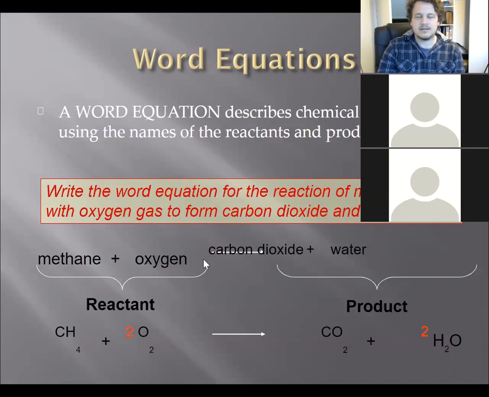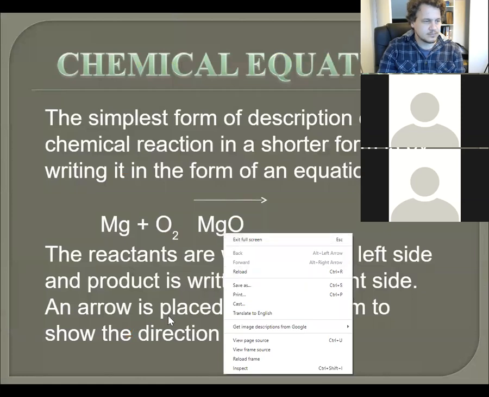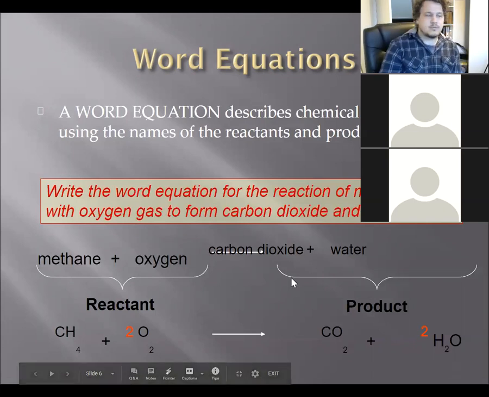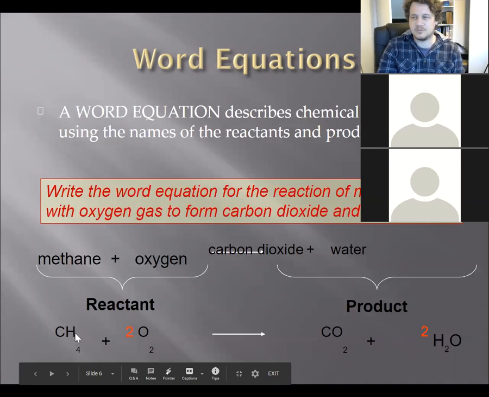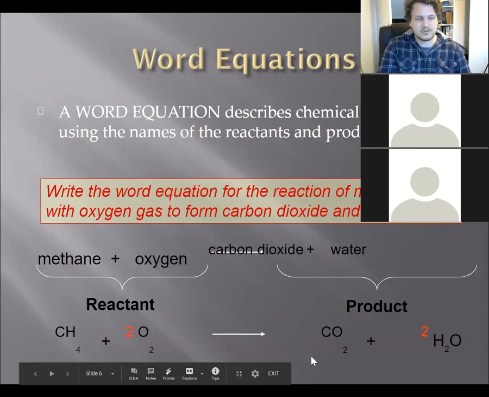They react together to form the products. So we have methane, which is CH4. Don't worry too much about what these actually are, just where we put them. So methane plus oxygen equals CO2 plus H2.